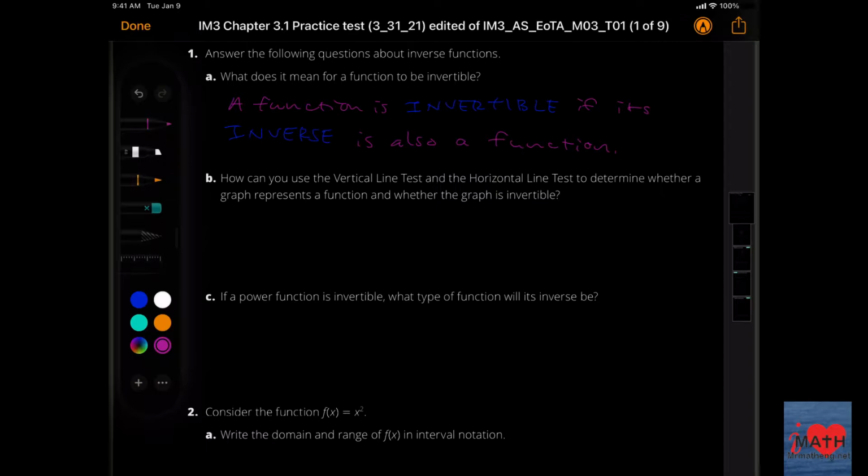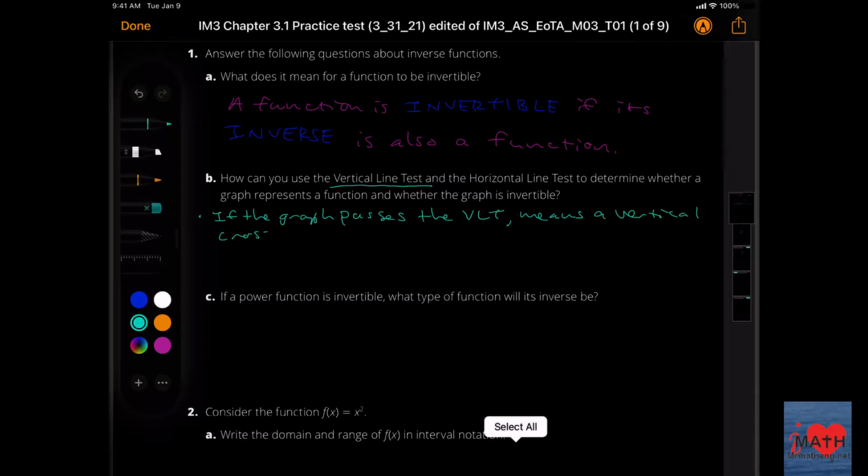Alright, 1b. How can you use the vertical line test and the horizontal line test to determine whether a graph represents a function and whether the graph is invertible? I'm just going to use the word VLT. If the graph passes the VLT, it means a vertical line crosses the graph at any point once.